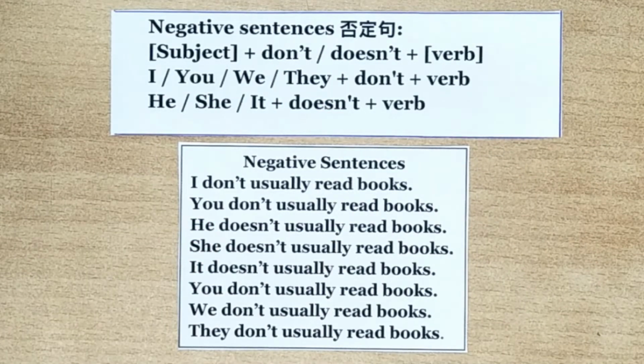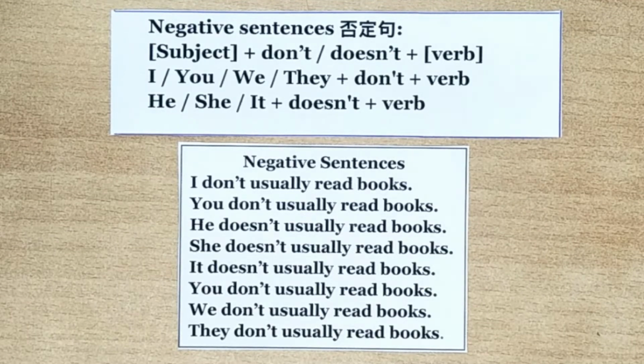Okay, let's make negative sentences with the simple present. The basic form is subject plus don't or doesn't plus verb. I, you, we, they use don't plus verb. I don't plus verb.